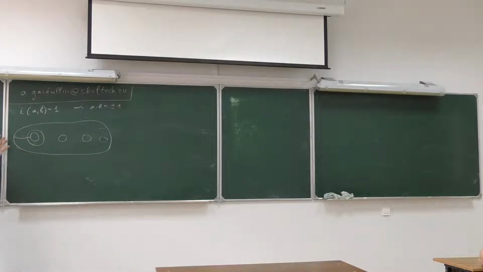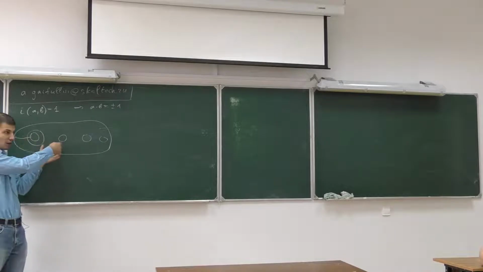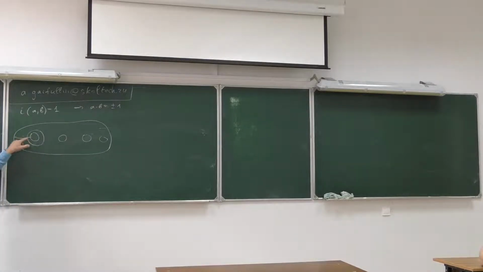So the situation is unique up to homeomorphism. This is a usual use of the so-called change of coordinates principle: if something is unique up to homeomorphism, then up to the action of the mapping class group, there is a unique pair of curves with geometric intersection index 1.